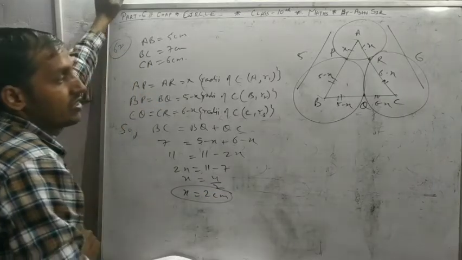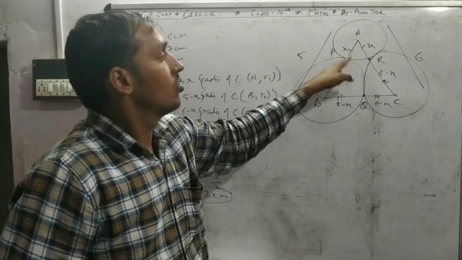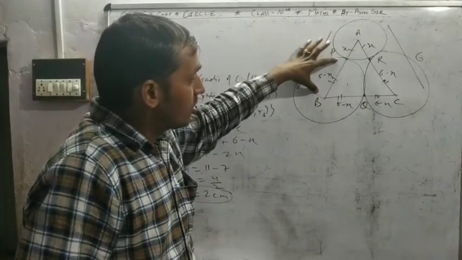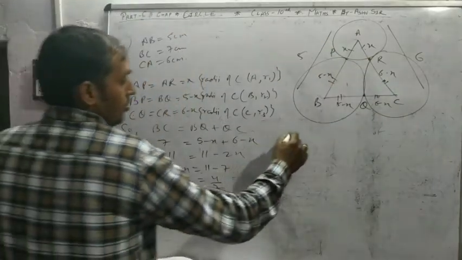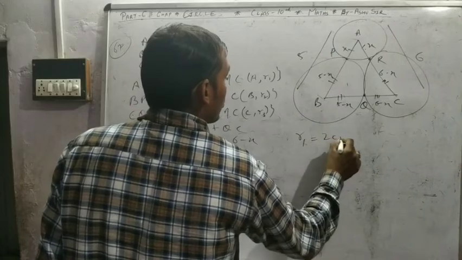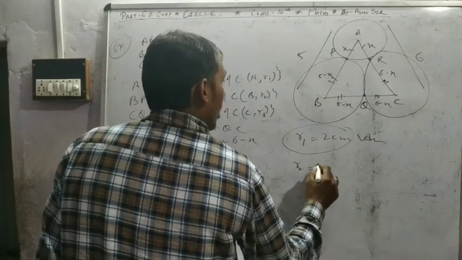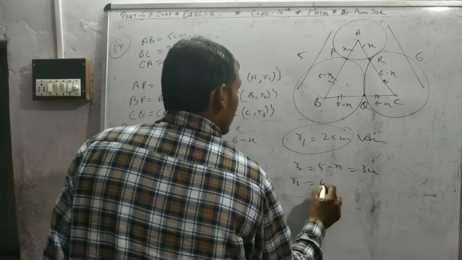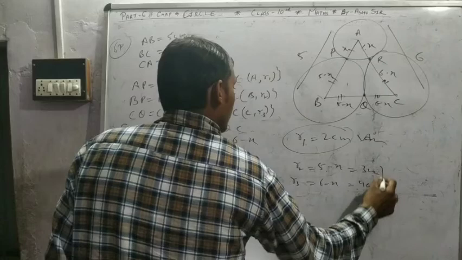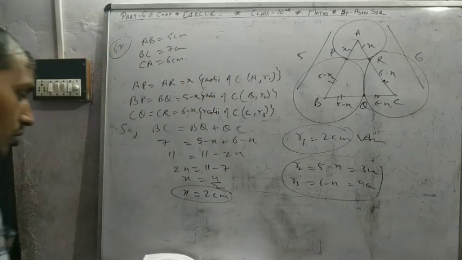Means the first radius, center A, is 2 centimeter, 3 centimeter, this is 4 centimeter. Means R1 is 2 centimeter, that's your answer. But if you want to find them, R2 is 5 minus x, R3 is 6 minus x. Means the same concept used here. Pause, note down.